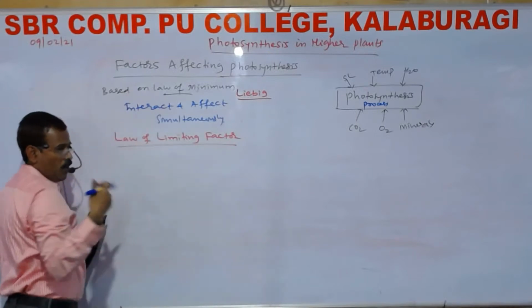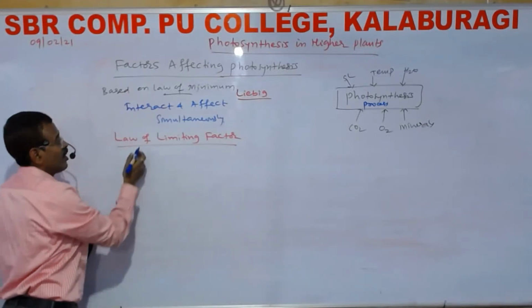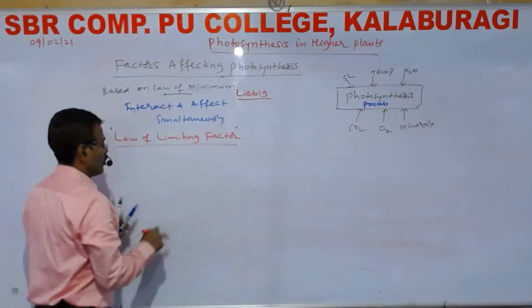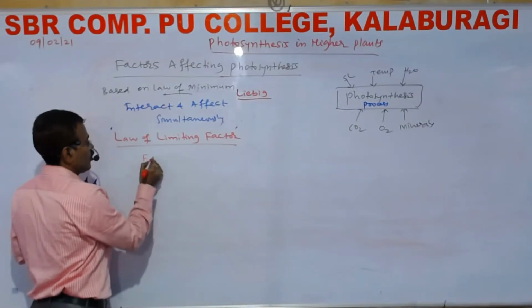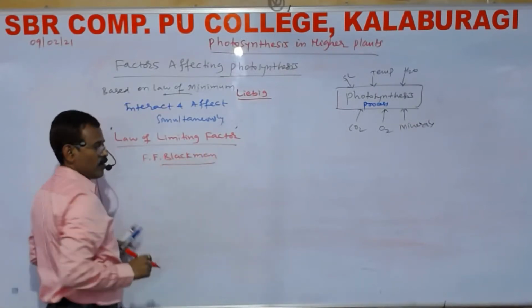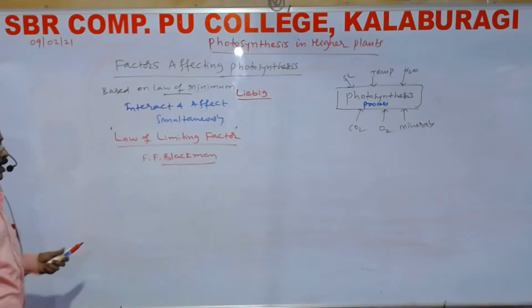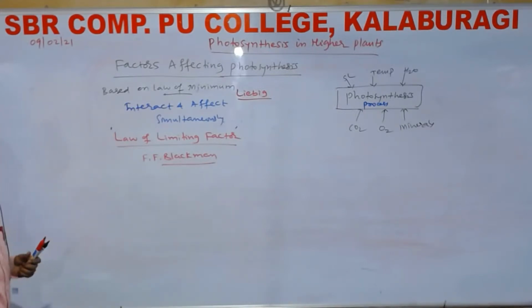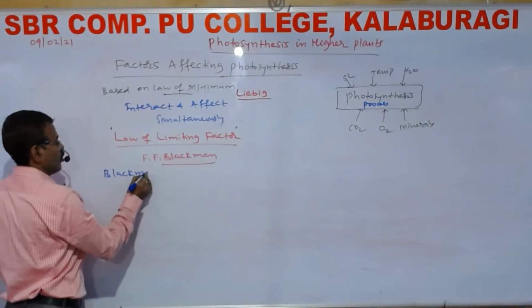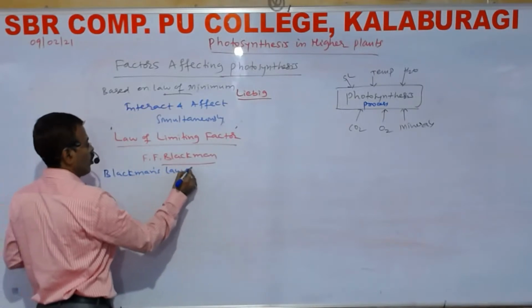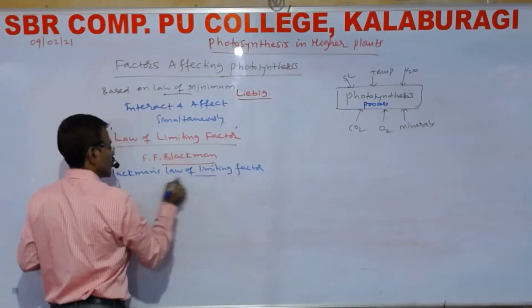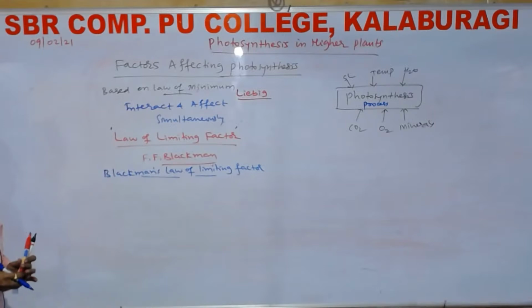This law of minimum was modified, revised, and given as the law of limiting factor. The law of limiting factor was proposed by F.F. Blackman, so it is popularly known as Blackman's law of limiting factor.